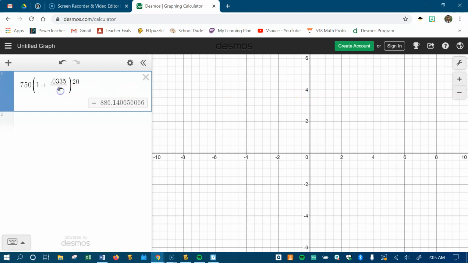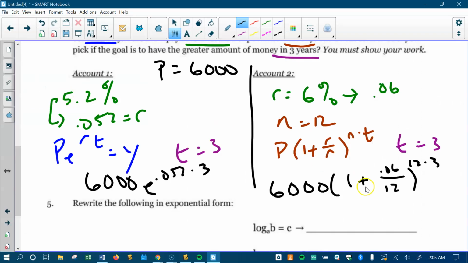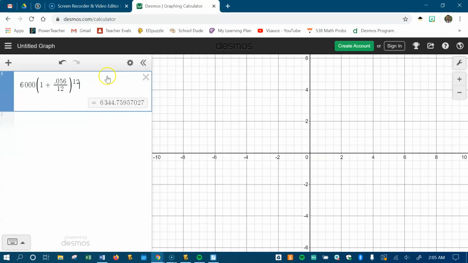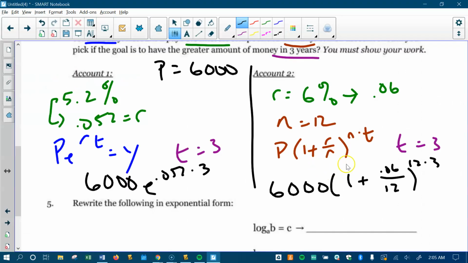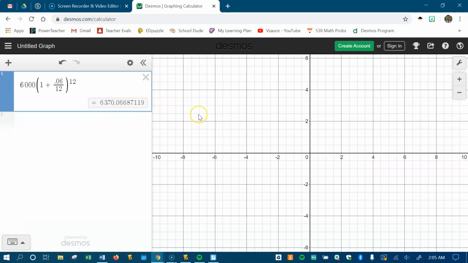I'll do the second one first. 6,000, 1 plus 0.06 divided by 12 to the 36. I messed that up slightly.